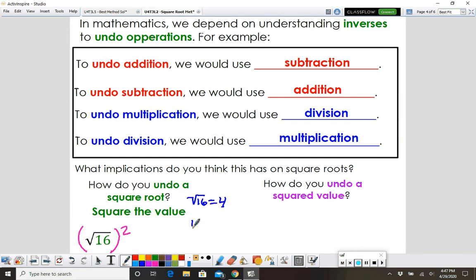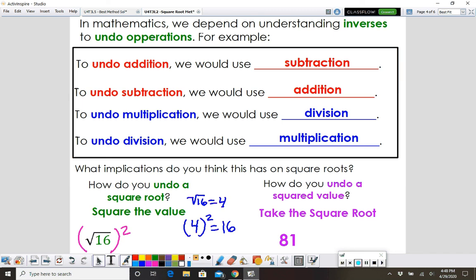If I do 4 squared, I get 16. So if I were to take the square root of 16 squared, what that's saying is take the square root of 16, which is 4, and then square it, and you get 16. So these two cancel each other out. The way you undo a squared value is you take your square root.